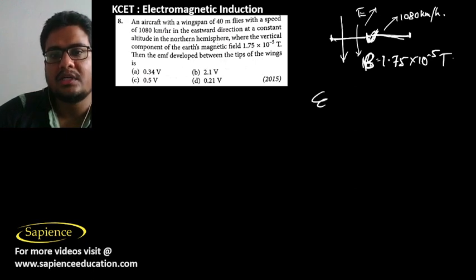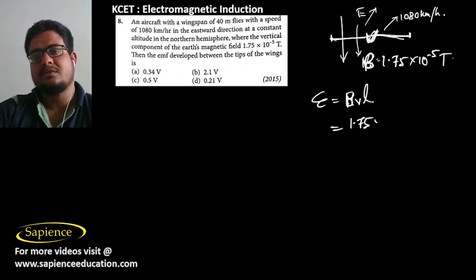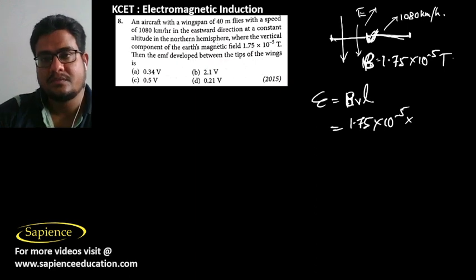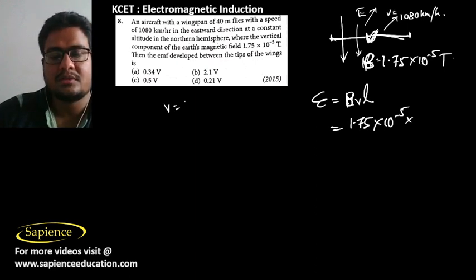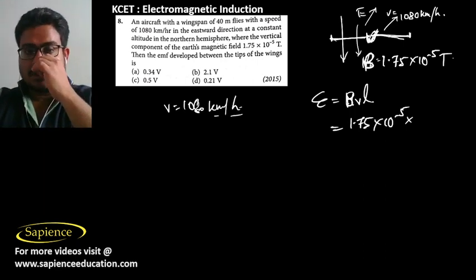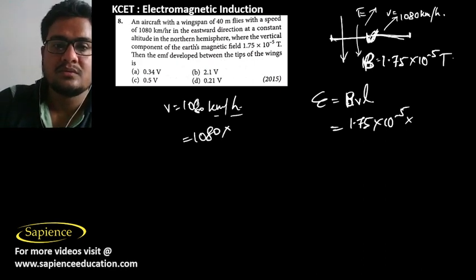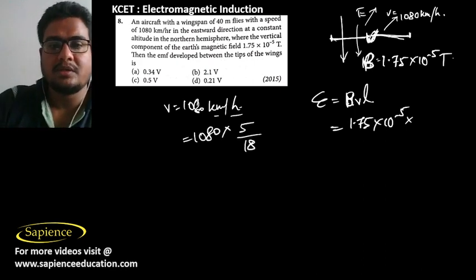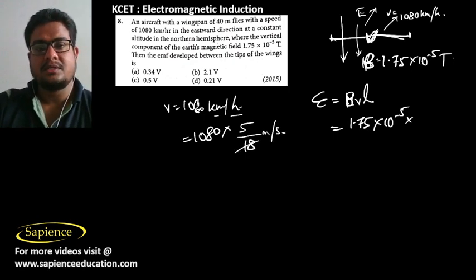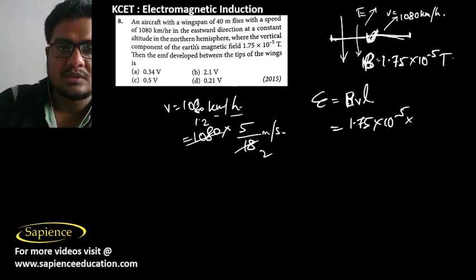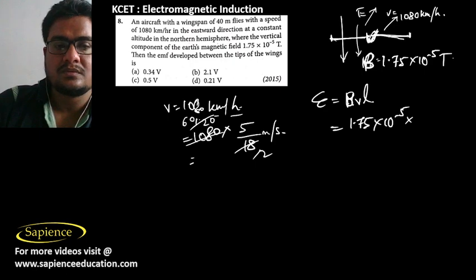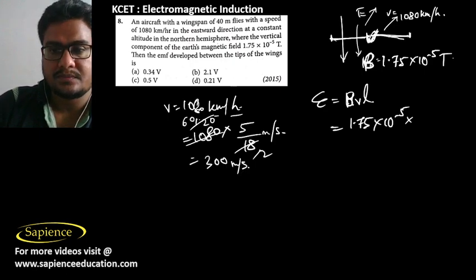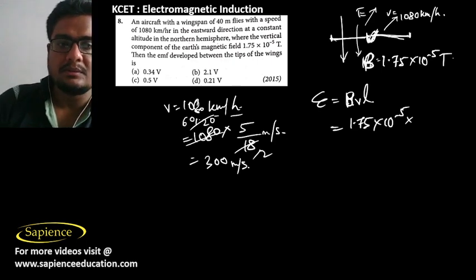So the motional EMF, we know that motional EMF is Bvl. The magnetic field is 1.75 into 10 power minus 5. The speed v is 1080 km per hour, which is equal to 1080 into 5 by 18 meter per second, so the speed is 300 meter per second.